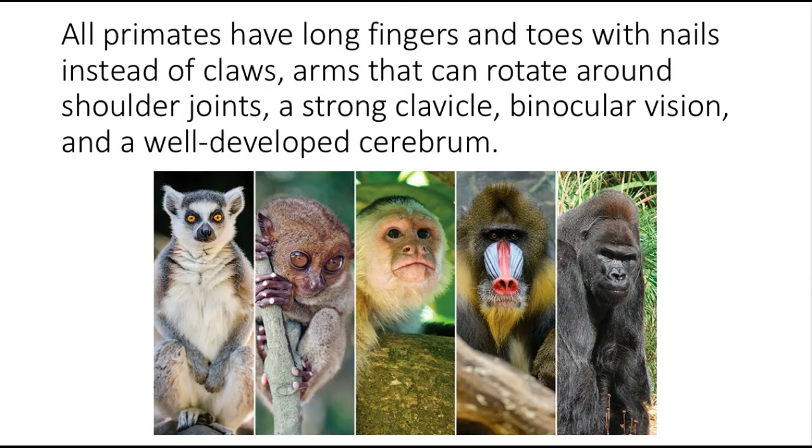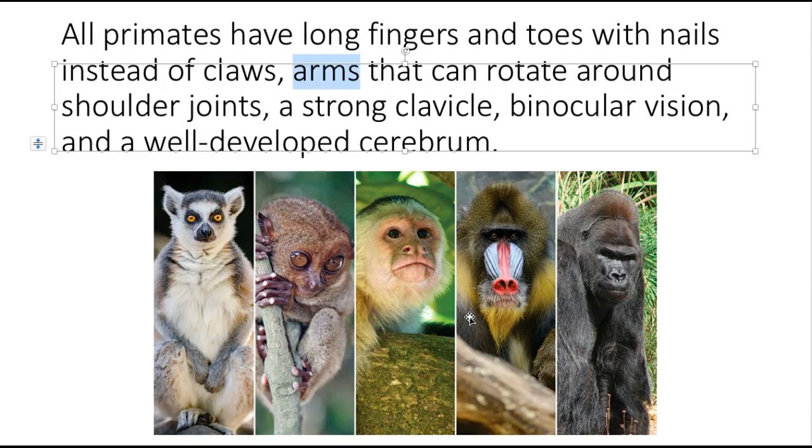Last one, all primates have long fingers and toes with nails instead of claws, arms that can rotate around the shoulder joint, a strong clavicle, binocular vision, and a well-developed cerebrum. Fingers and toes with nails, pretty easy, instead of claws. Arms that can rotate around the shoulder joint. So if you rotate your arm right now, it can go in many directions.